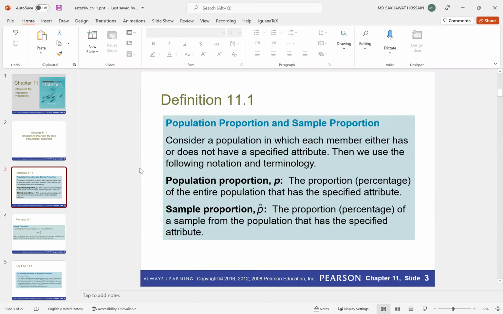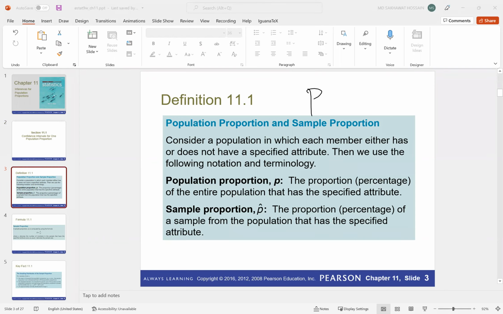Okay, population proportion and sample proportion. So what is the population proportion? We consider a population in which each member either has or doesn't have a specified attribute. Then the population proportion, which is denoted by P, we already know that the population proportion is denoted by P, right?